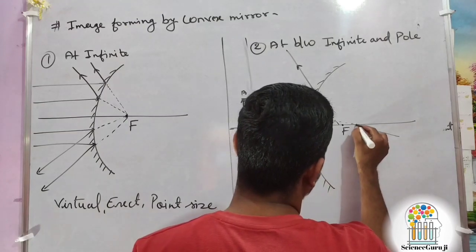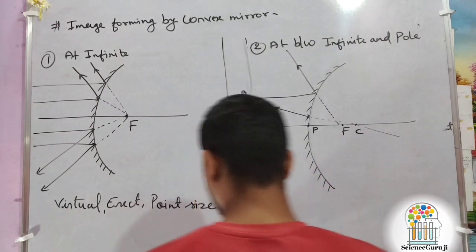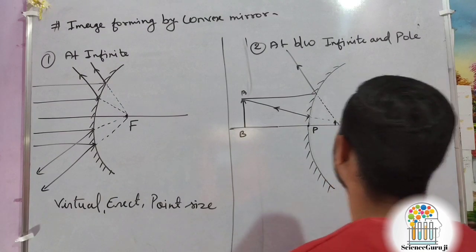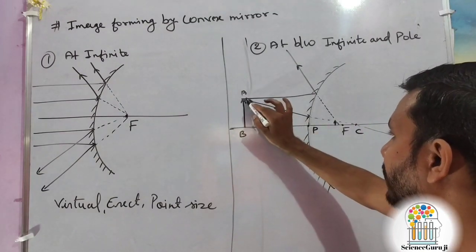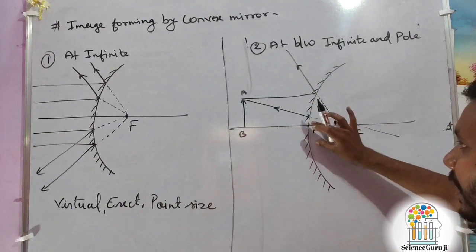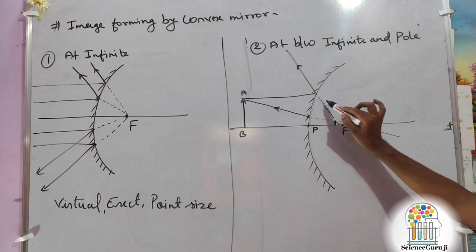This one is our focus and this one is our center of curvature, suppose. And the image that gets formed here is very small. One light beam comes parallel to the principal axis, and after striking the surface it goes back.